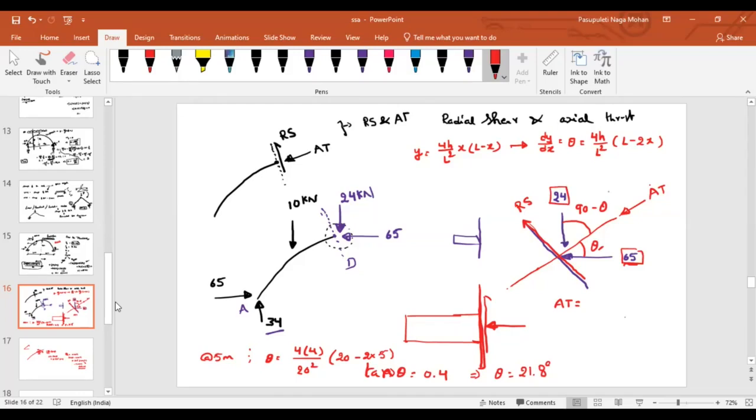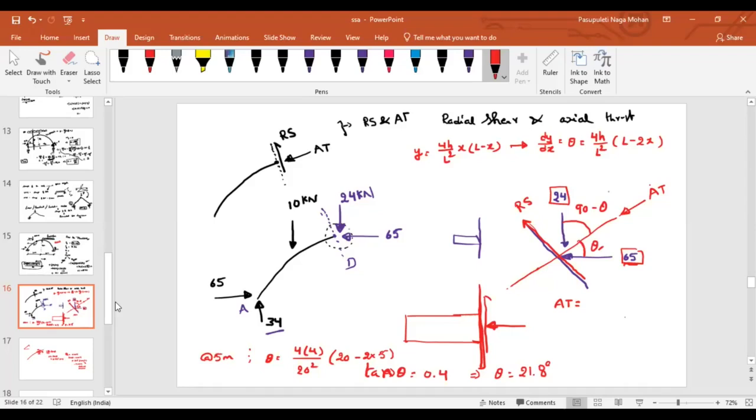The names can be anything, but mechanically, there is a horizontal force and there is a vertical force, and I'm asking you to find the forces on some other plane situated at an angle theta from the horizontal. It's nothing but resolving the forces to that plane. Now what you should do is resolve the forces of 65 and 24 along the planes.